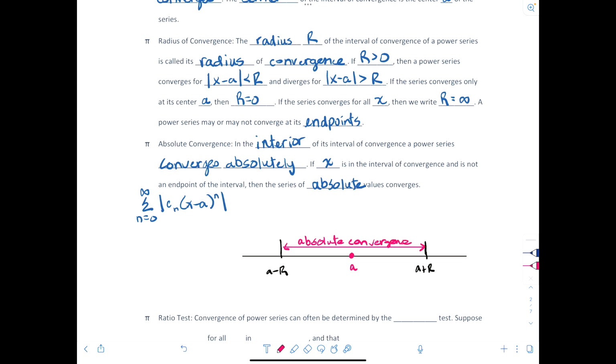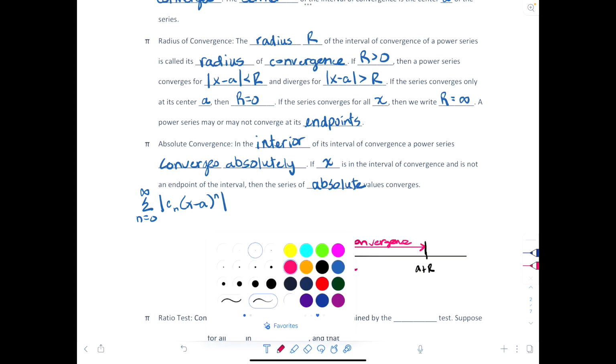Now, at the endpoints, it might or might not converge. We don't know. We've got to test them. Outside of, so this here is the absolute value of x minus a is less than r.